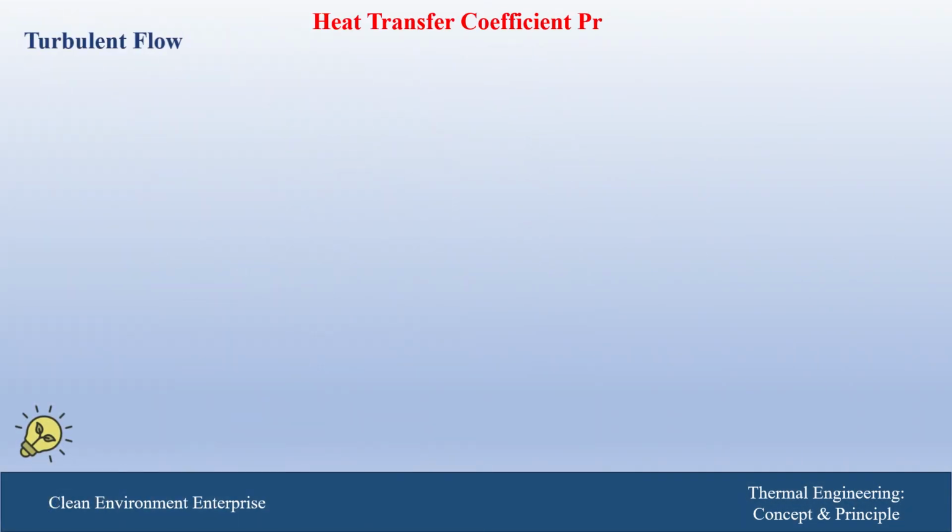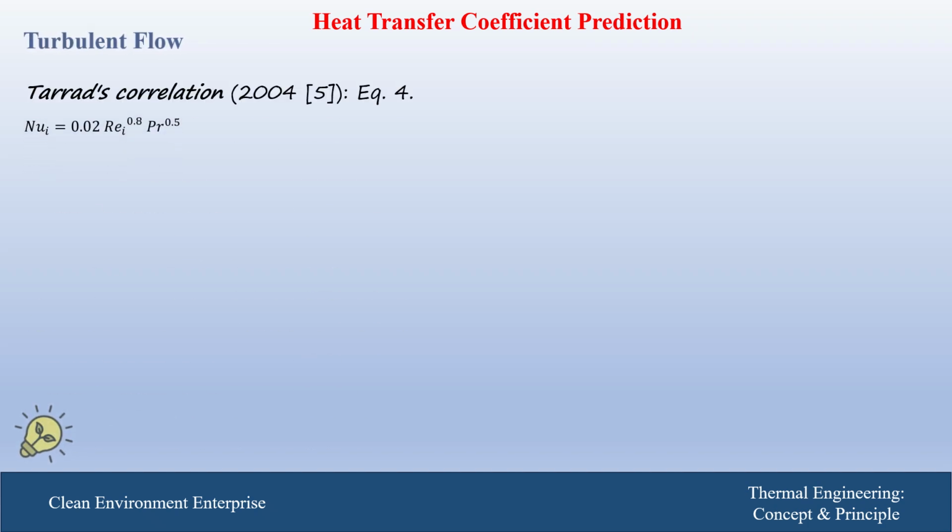When we use the correlations as shown in the previous table, we may start with the Rads correlation as presented in equation number 4. Then we have Nusselt number equal 0.02 times 43,112.3 to power 0.8 times the Prandtl number to power 0.5.